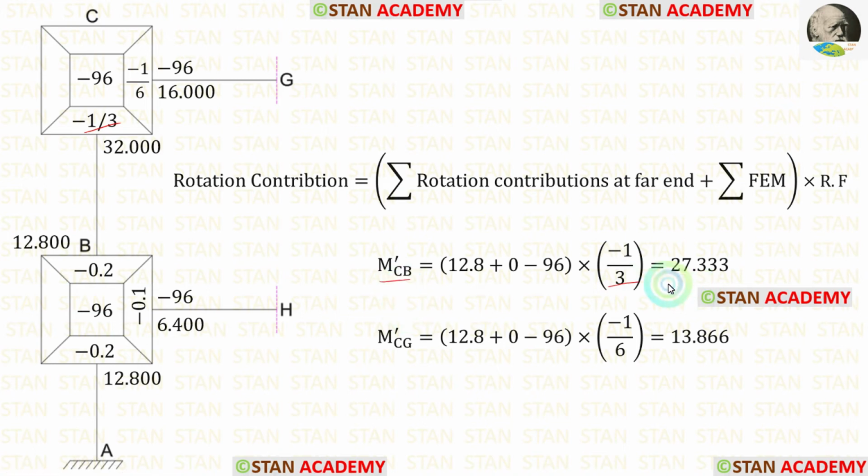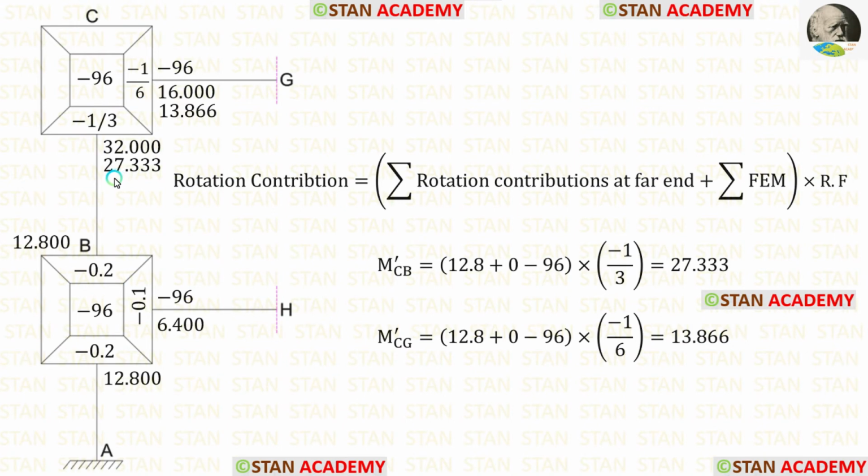Finally, for M'CB, we are getting 27.333. The rotation factor for CG is minus 1 upon 6. For M'CG, we are getting 13.866. Let us apply the values of M'CB and M'CG.